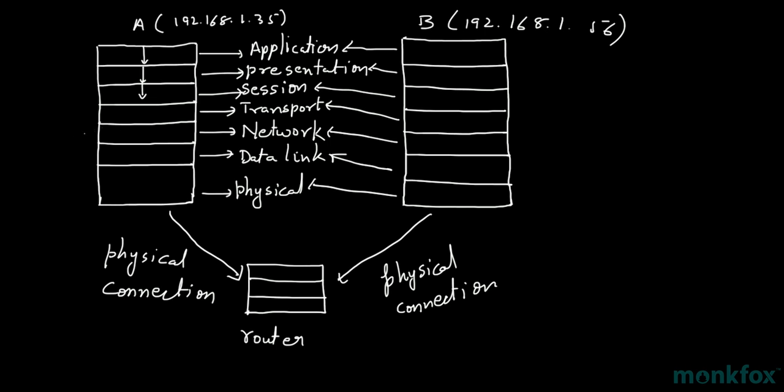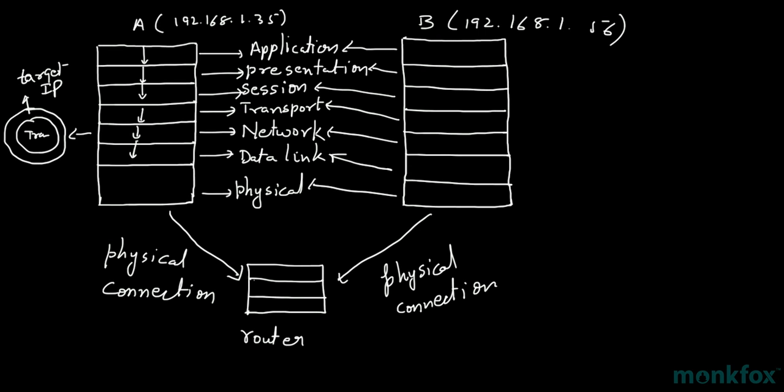In the network layer, it will get the data from the transport layer, and the network layer will wrap that data in a packet. In this packet, the network layer will set the target IP address, which is 192.168.1.56. When this data comes to the data link layer, it will generate an ARP request and send it to all the machines which are physically connected to it.